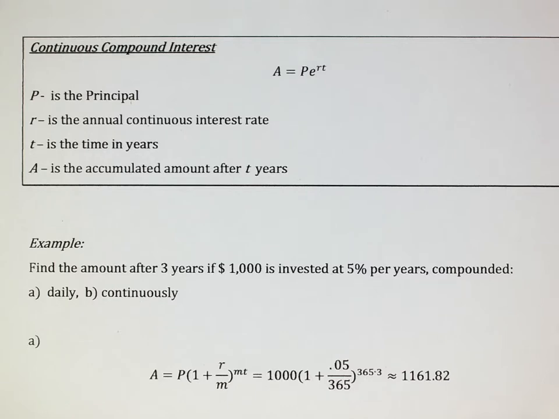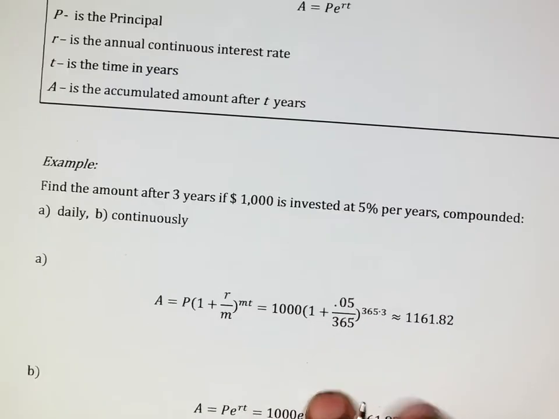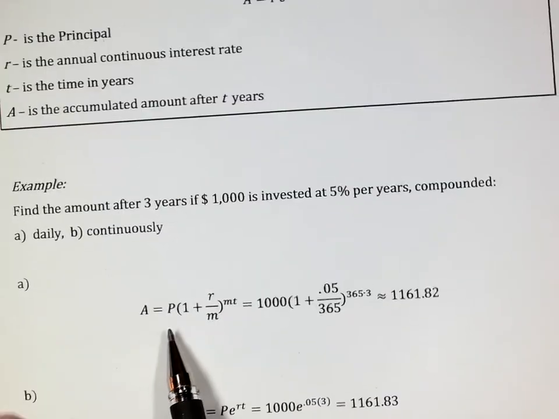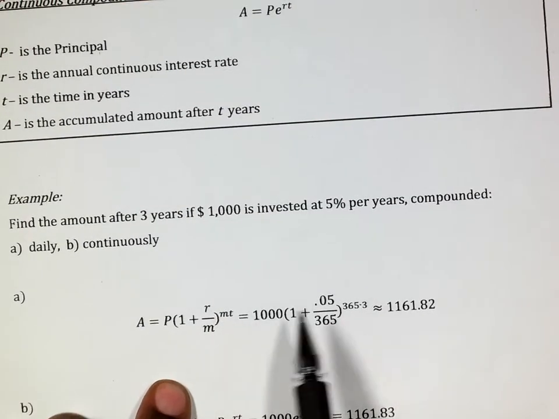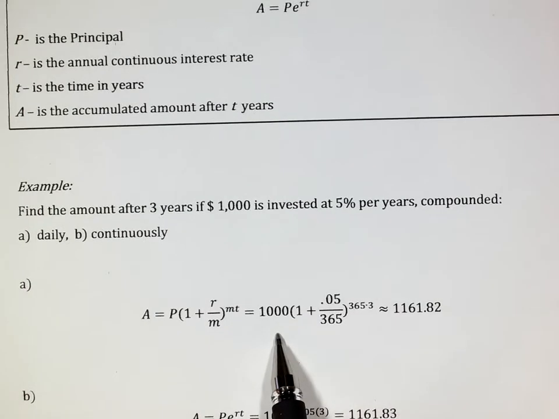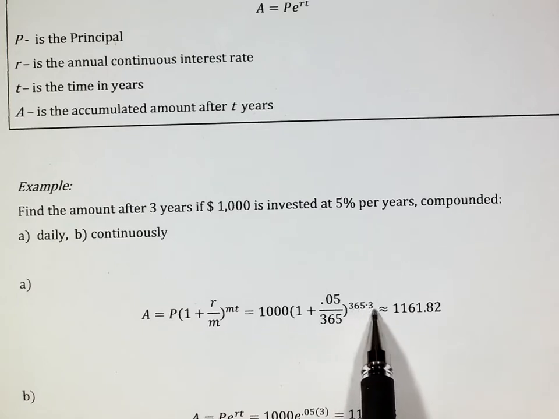So find the amount after 3 years if $1,000 is invested at 5% per year and it's compounded daily and continuously. So we have the first formula, A equals P times (1 plus r over m) to the mt. We have the $1,000, 1 plus 0.05 divided by 365, and then the exponent is 365 times 3.